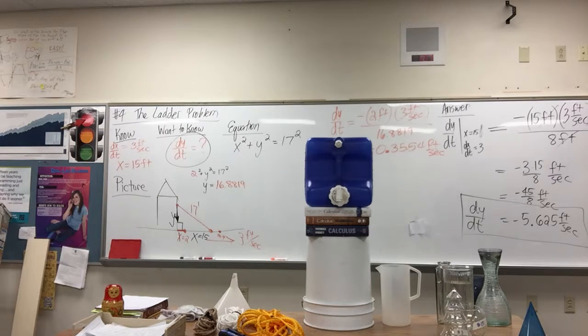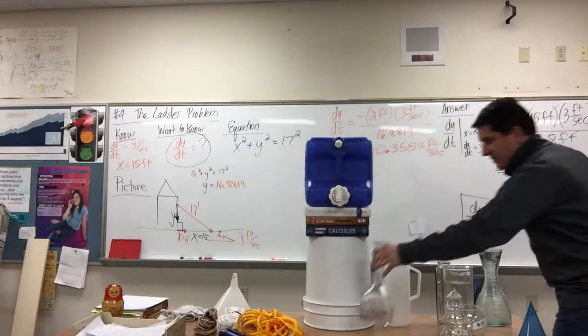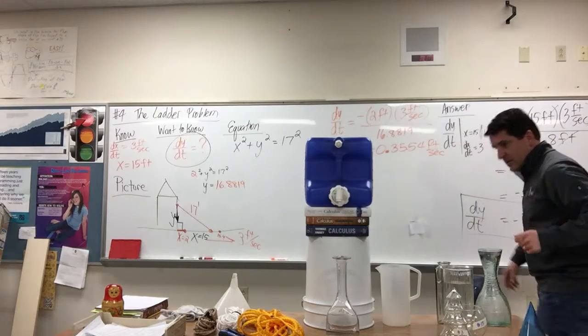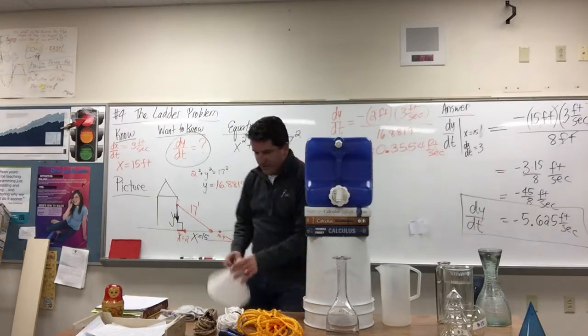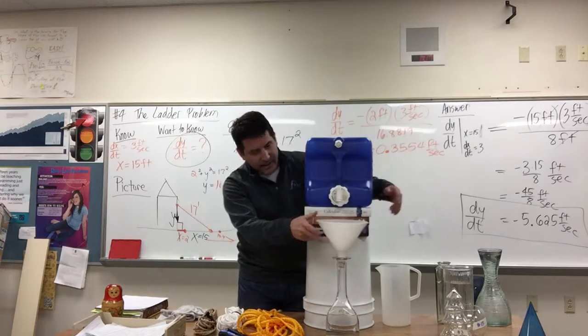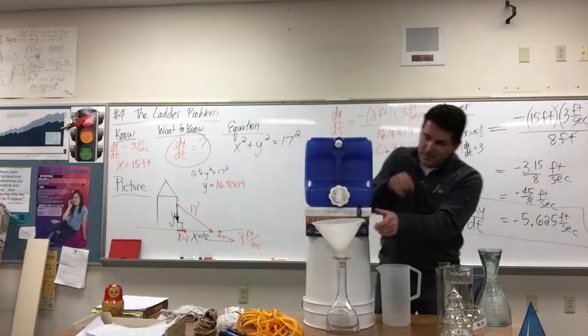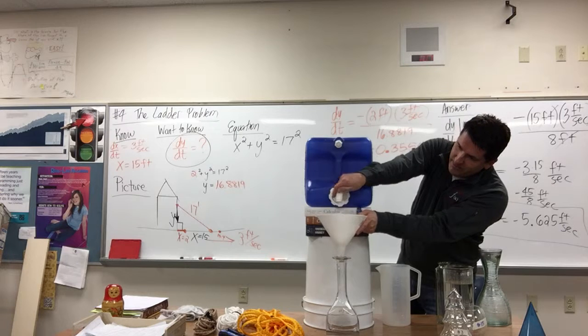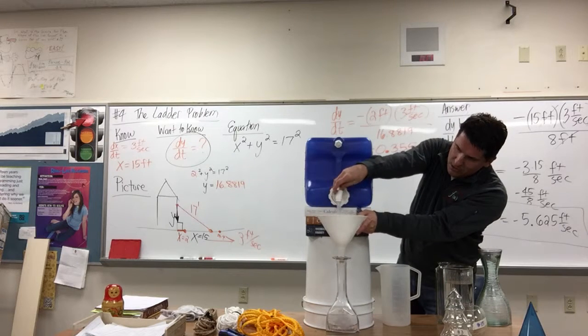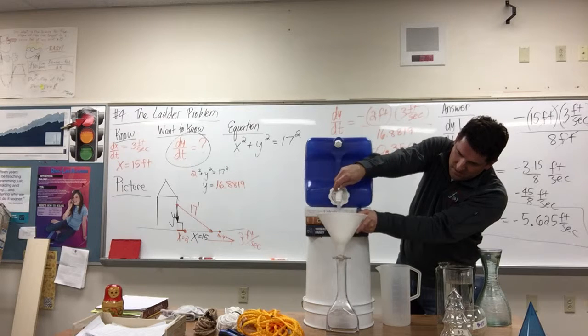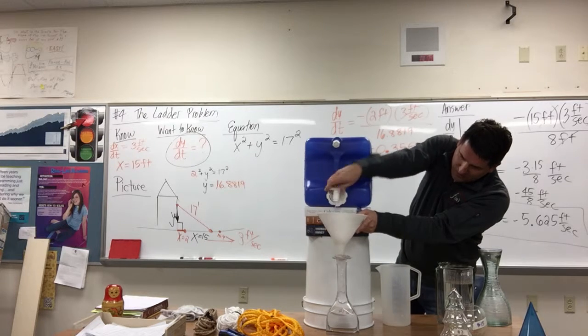We've all done this, right? You've seen that. But you didn't realize that it was calculus you were doing when you were filling up a funny shaped vase. All right, ready? So slow, slow, quick.